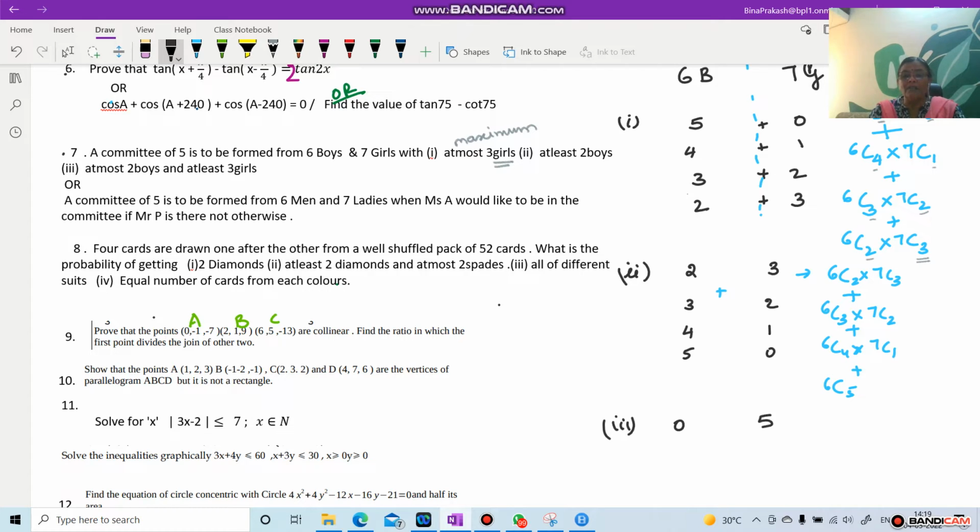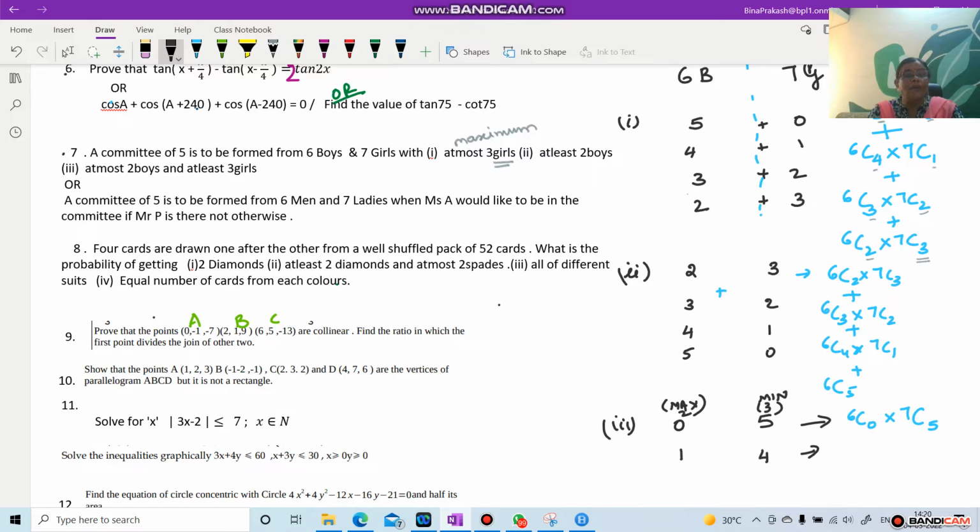Can we have 5 girls? Yes, because the restriction here is minimum 3 girls and maximum 2 boys. We cannot go for more than this. That is 6C0 multiplied by 7C5, all 5 girls. The second case is 1 boy and 4 girls.